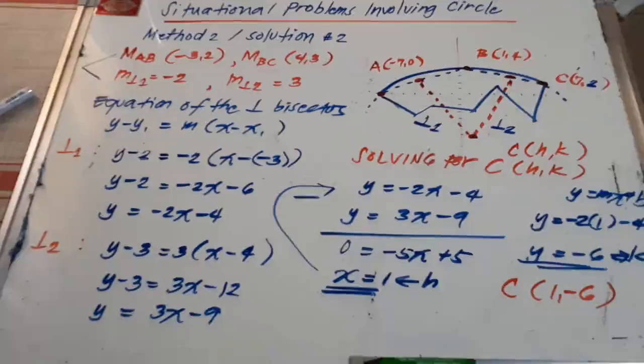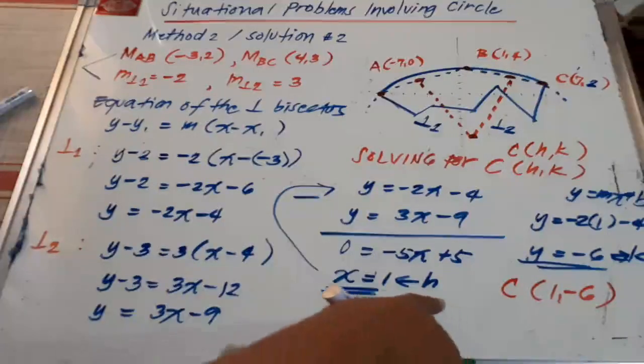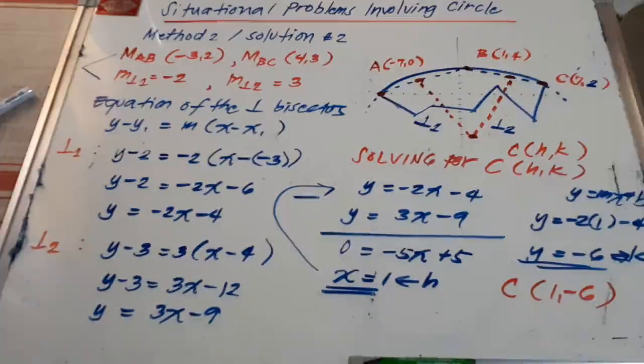Okay? Another na pinapakuha sa atin dito sa problem na to ay yung standard equation of the circle. Yung standard equation of the circle, para makuha natin is we need the location of the center and the length of the radius. We already have the location of the center, so kailangan na lang natin yung length ng radius.